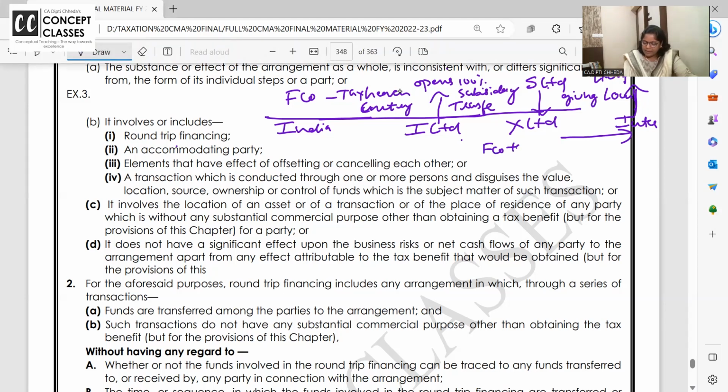Foreign company taking loan at high rate of interest and then giving it to the associate enterprise or sister concern at low rate.